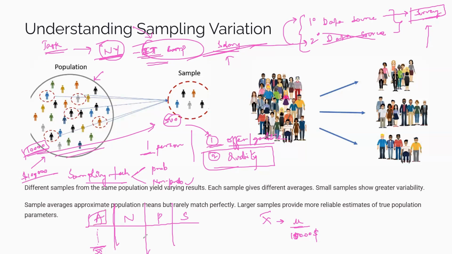Now comes Nikhil. Nikhil also followed the same process. Let's assume he got 500 people, and he got the average. But do you think the 500 people Archana had data from will be the same set of people for Nikhil?